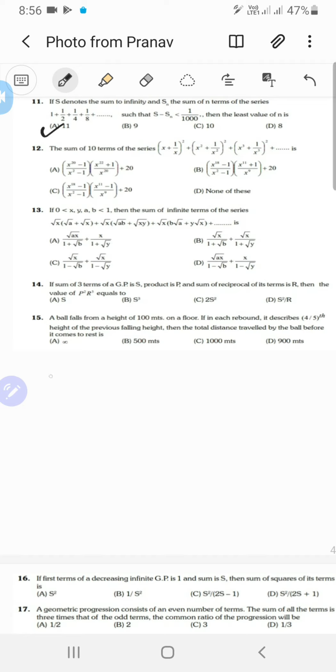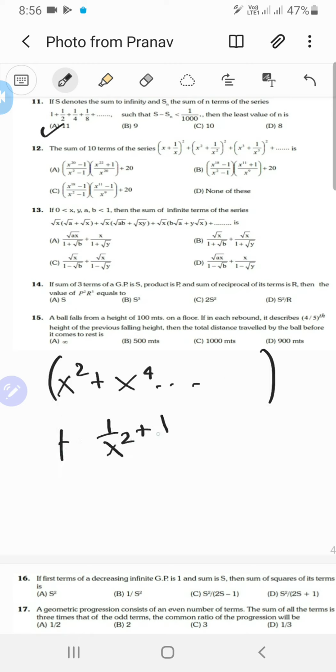Okay, so you have x squared plus x to the 4th till 10 terms, plus 1 by x squared plus 1 by x to the 4th, 10 terms of these, and then you have 2, 2, 2, 2, 10 of these 2, so it's supposed to be 20.